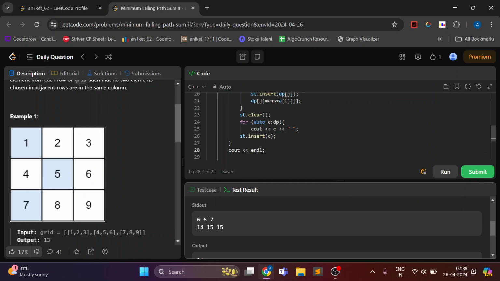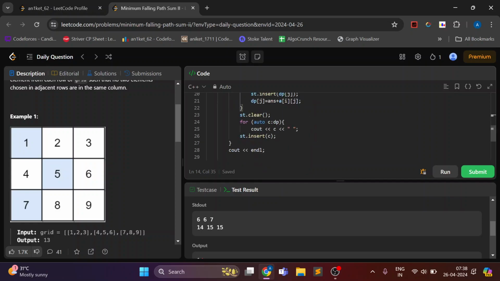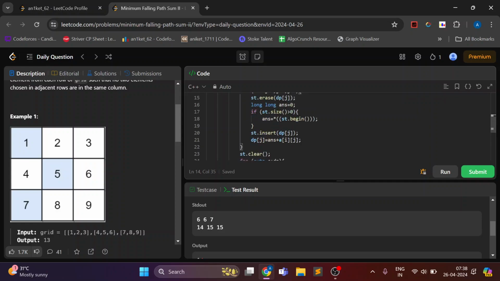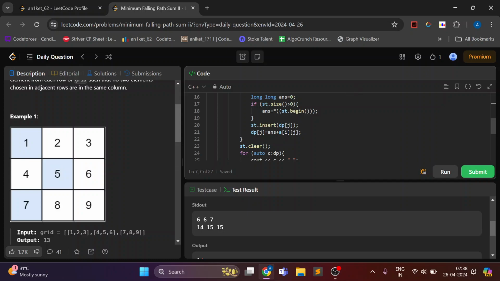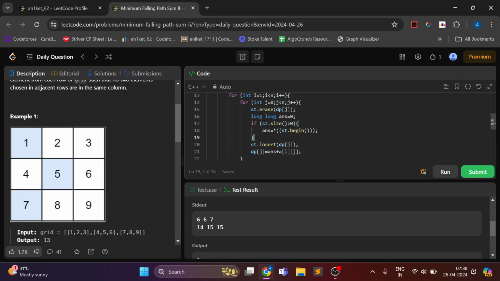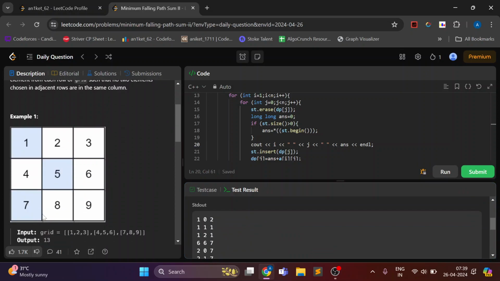Why is this going wrong? I think so. This cell of 7 is 2 comma 0.